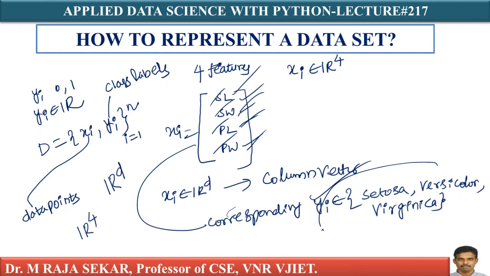Yi belongs to 3 types of flowers: setosa, versicolor, virginica. This is one way of representing the data set. There are other ways we will see.